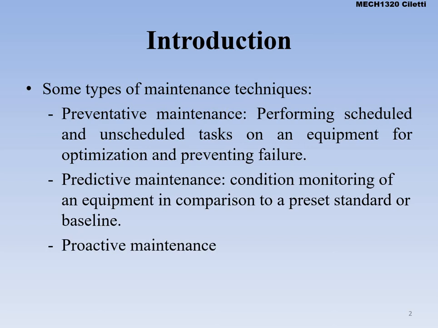Let's go check it out before it gets off balance and destroys some things. It sounds like it's off the norm. You have too many towels on one side. Or you're monitoring temperature on something, and you see the temperature all of a sudden fluctuating and going up. So let's shut it down and see what's going on. Where are we compared to the baseline where this machine should be operating versus where it's at right now? So we can predict something might go wrong and we need to do this.